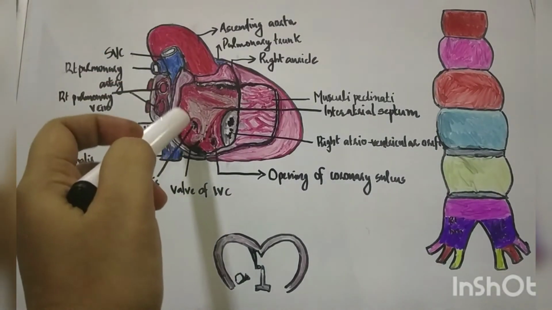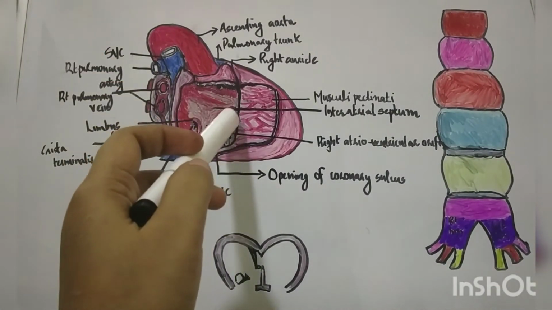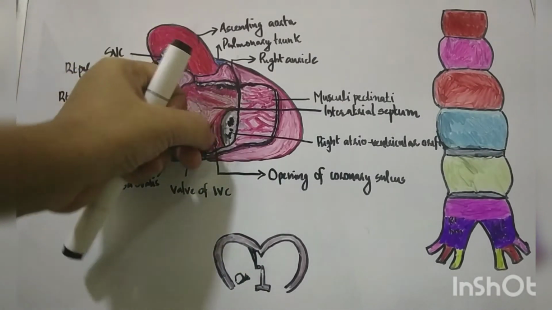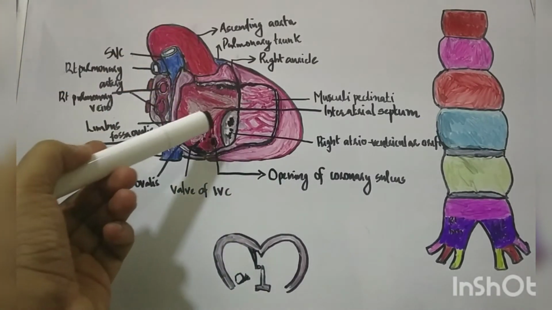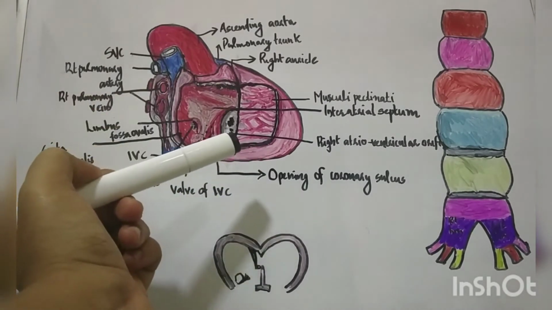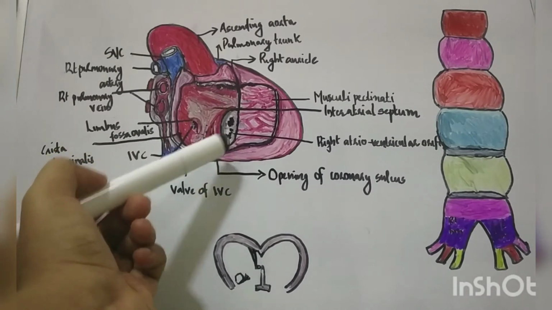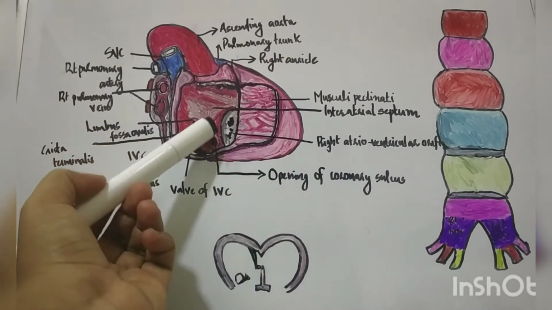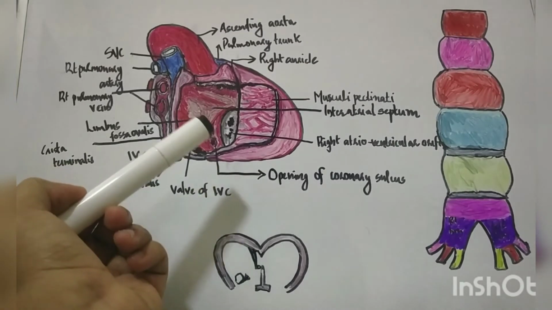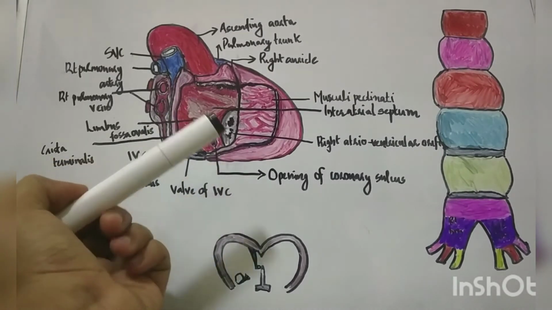In between the inferior vena cava and the atrioventricular orifice, there is the coronary sinus. It is guarded by a valve called the thebesian valve, and most of the veins of the heart drain to the coronary sinus, except the venae cordis minimae and also the anterior cardiac veins.